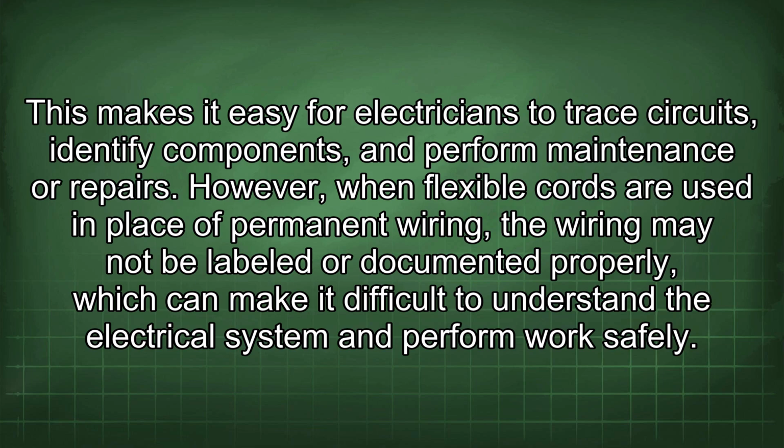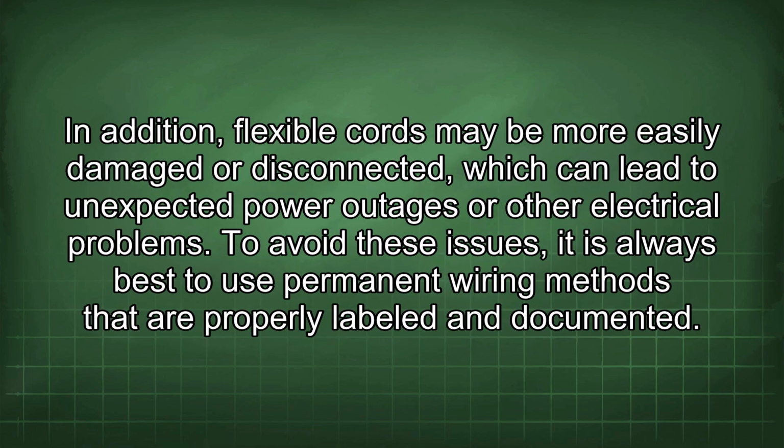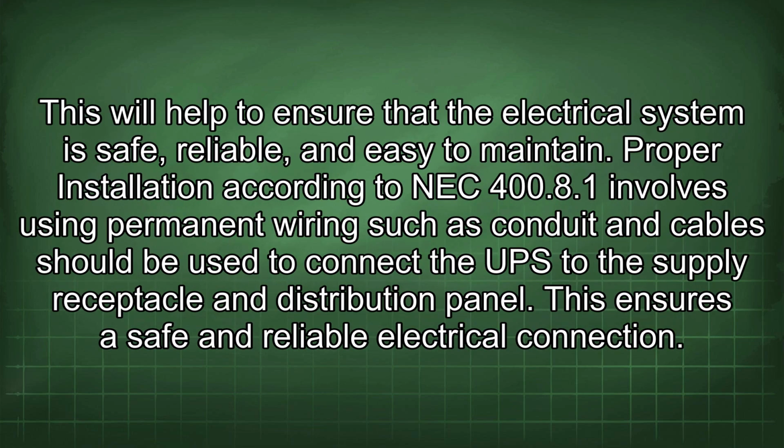However, when flexible cords are used in place of permanent wiring, the wiring may not be labeled or documented properly, which can make it difficult to understand the electrical system and perform work safely. In addition, flexible cords may be more easily damaged or disconnected, which can lead to unexpected power outages or other electrical problems. To avoid these issues, it is always best to use permanent wiring methods that are properly labeled and documented. This will help to ensure that the electrical system is safe, reliable, and easy to maintain.